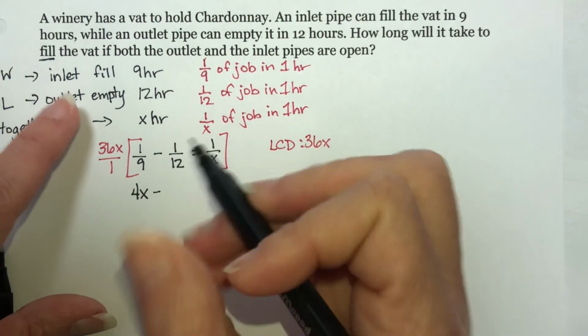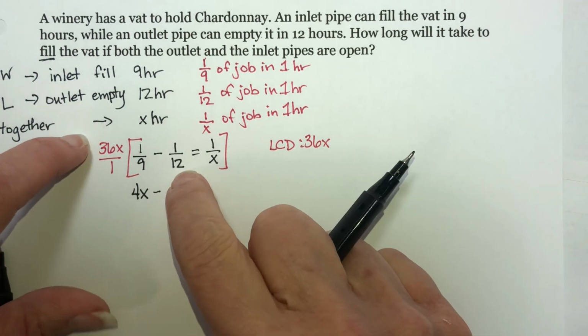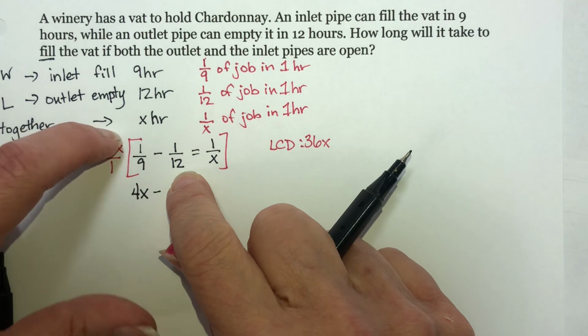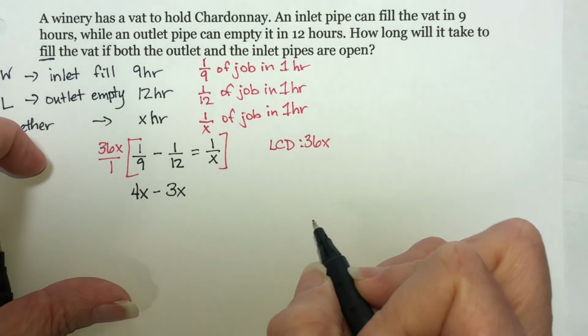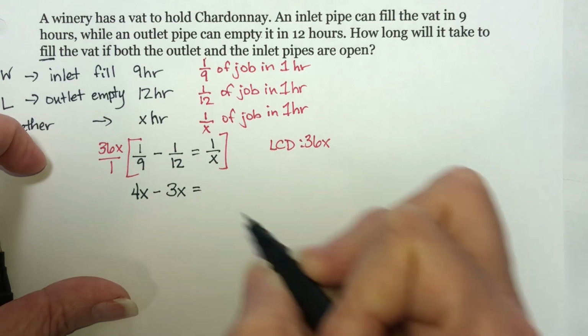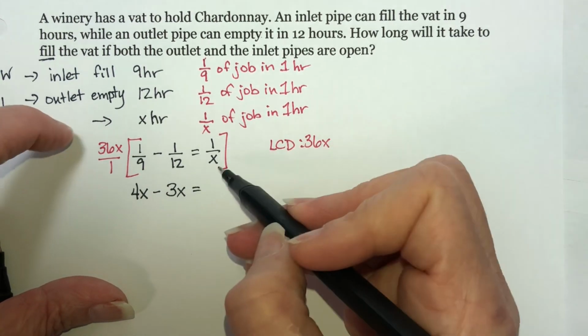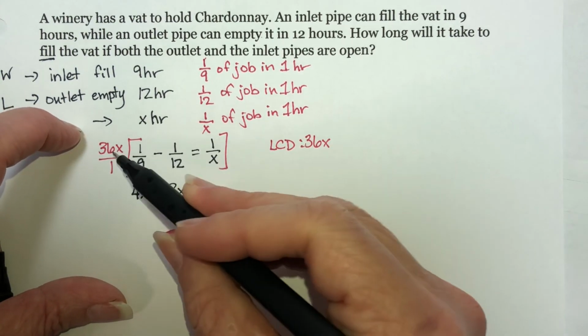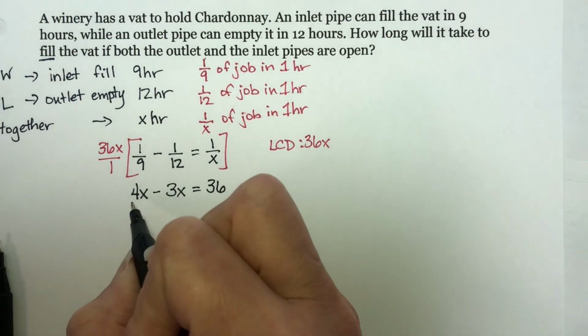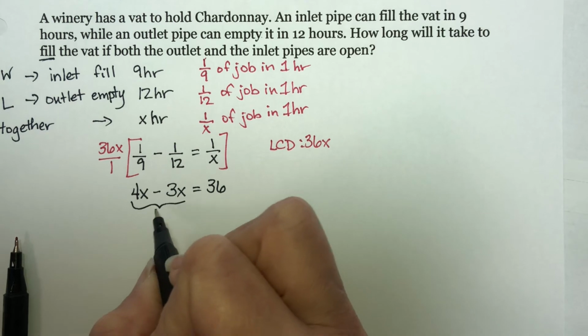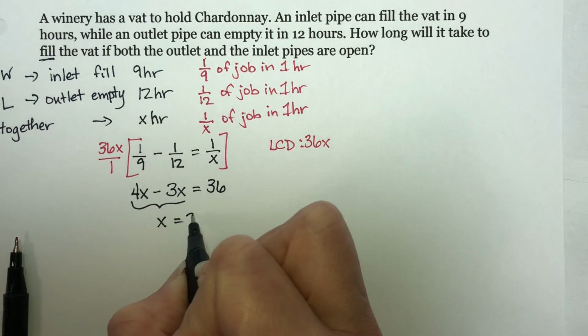This is going to be a minus sign. 12 goes into 36 3 times, so I'm going to have 3x times 1, which is just 3x, is equal to, here my x's are going to cancel out and I get 36. Now combine like terms right here and I get 1x is equal to 36.